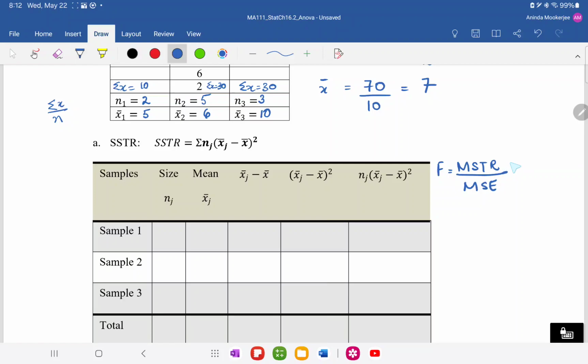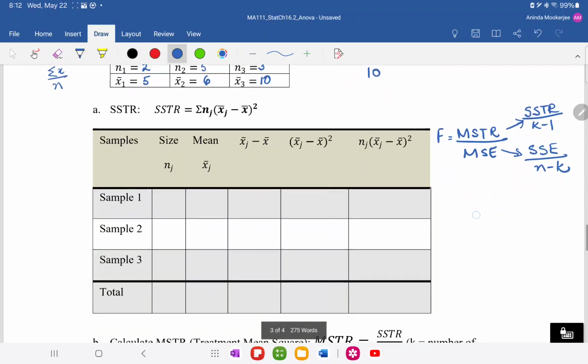To find MSTR, we need SSTR, or treatment sum of squares, divided by k minus 1. And for MSE, we use the error sum of squares, SSE, over n minus k. So the next exercise is to find SSTR.